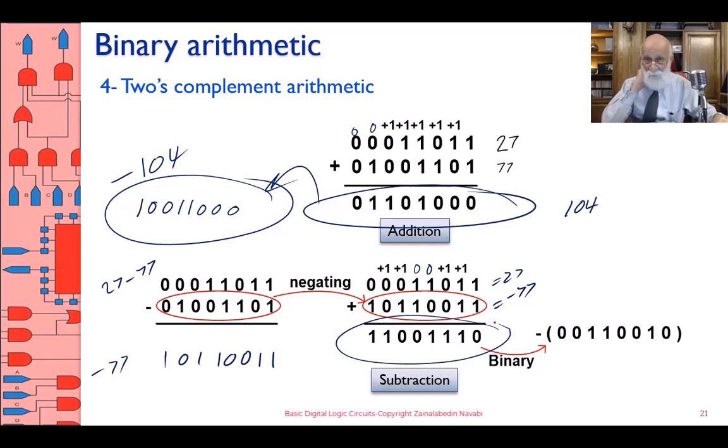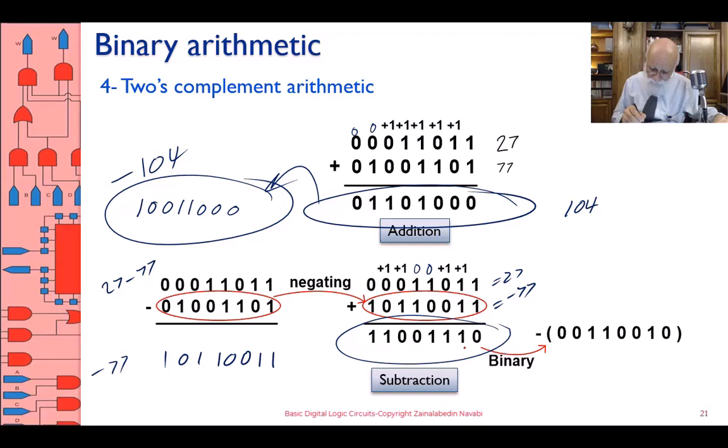Obviously, it's a negative number because I'm subtracting 77 from 27. But then, what is it? Well, in order to know what it is, turn it into its 2's complement, because this is a negative number. Turn it into its 2's complement, it becomes a positive number.